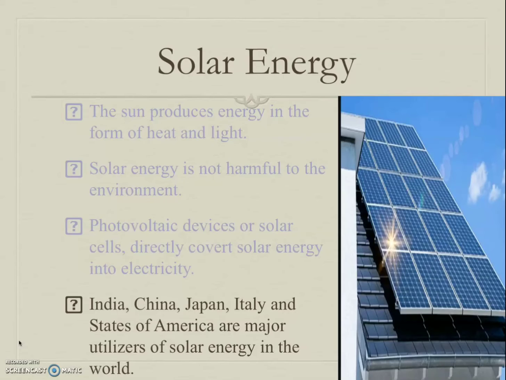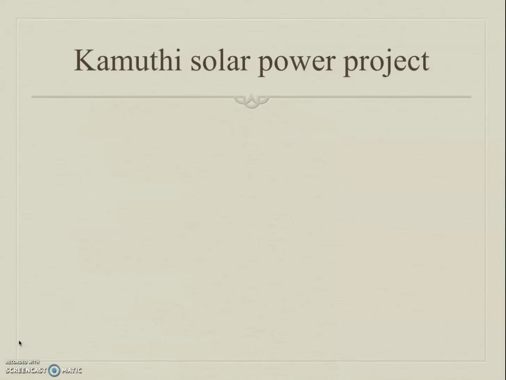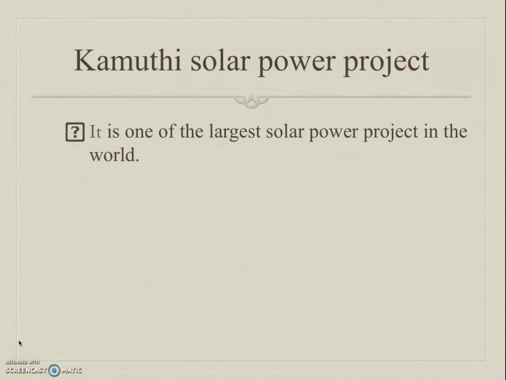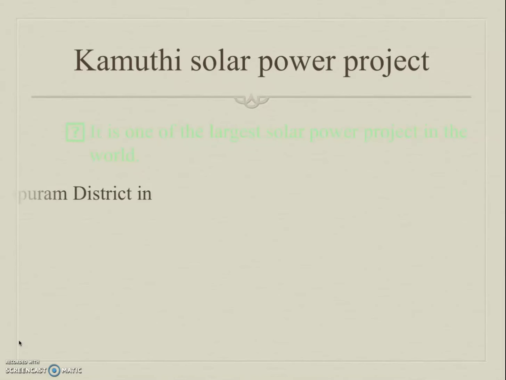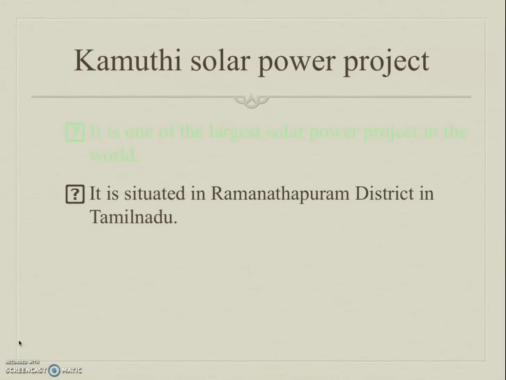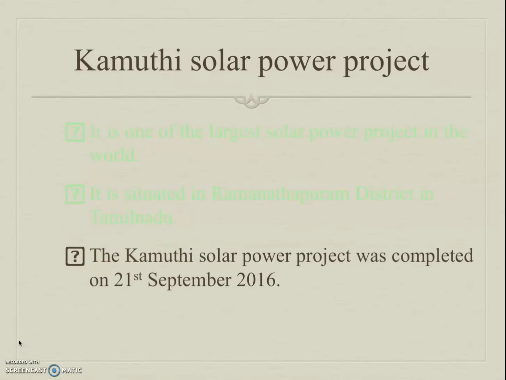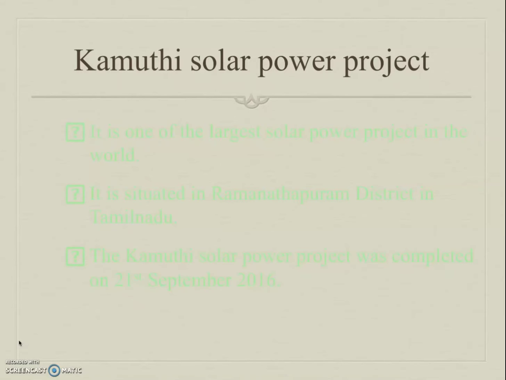Okay, and next we are going to see a particular project, the Kamudi Solar Power Project. So what is it? It is one of the largest solar power projects in the world, and it is situated in Ramanathapuram district in Tamil Nadu. The Kamudi Solar Power Project was completed on 21st September 2016.